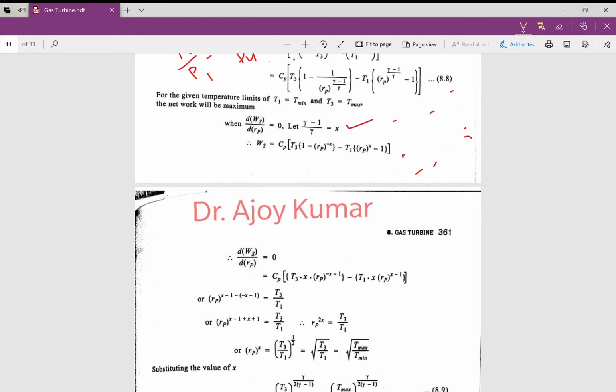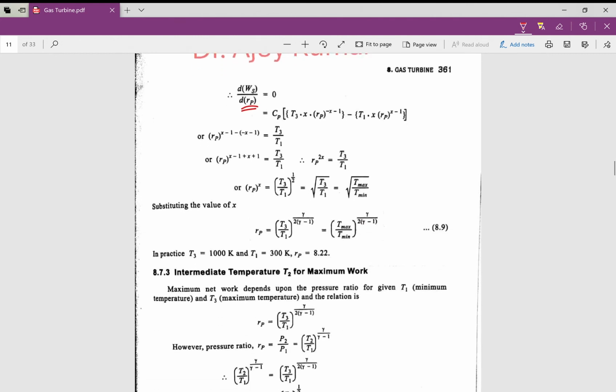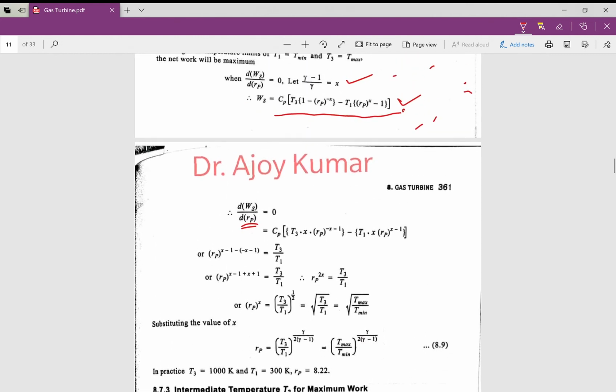This equation is copied over here as it is, and we have to differentiate this equation with respect to pressure ratio Rp. So here Cp, this T3, here it is a minus x and here also minus.